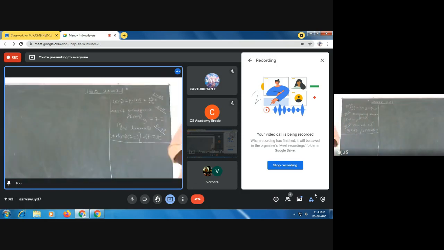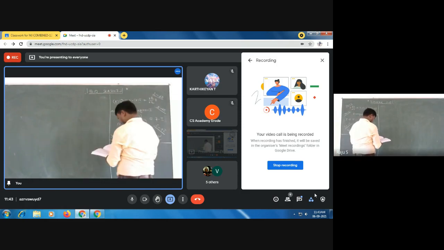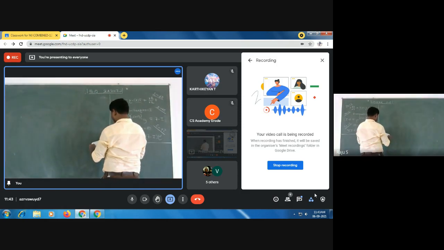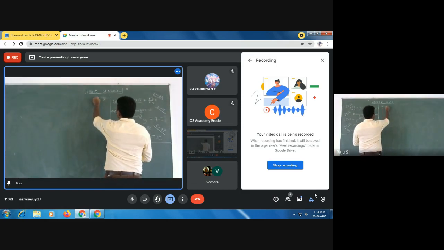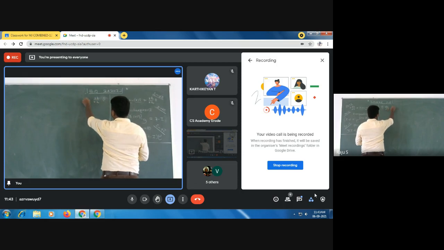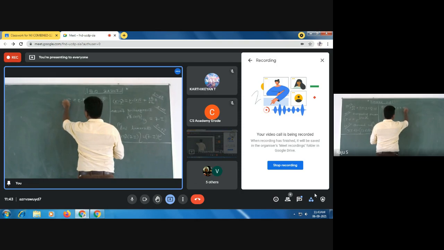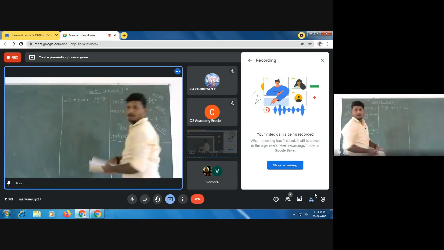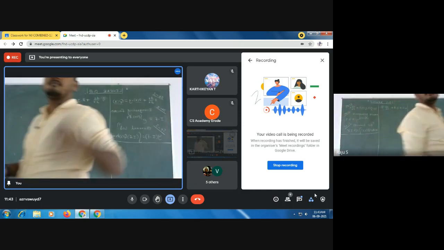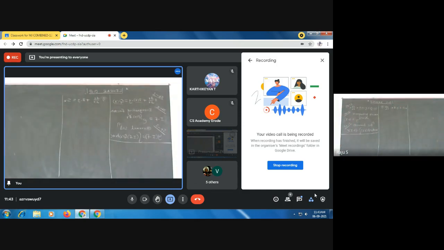First question. Write up the solution clearly. Let us take this as equation 1. Write the steps clearly.